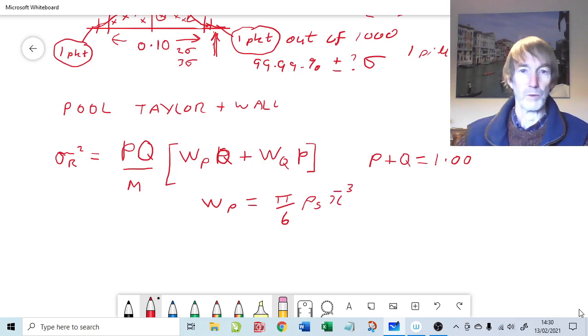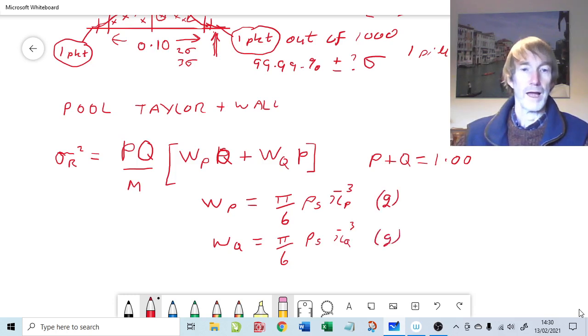Okay, and likewise WQ is the average particle size of the other component times by its density, again cubed. So if we call that component P and that component Q. Okay, so these are masses. This will be in grams.